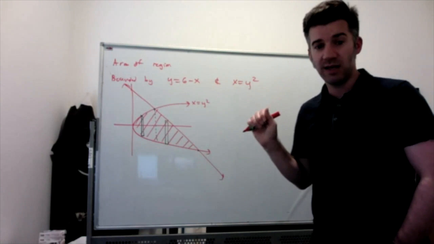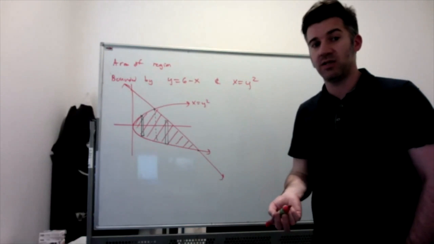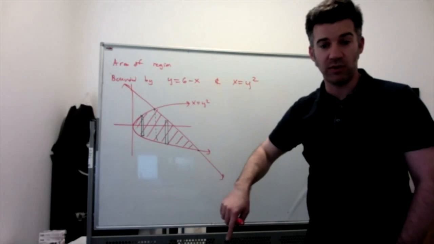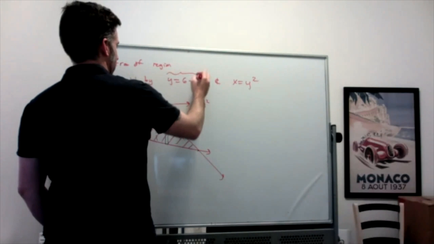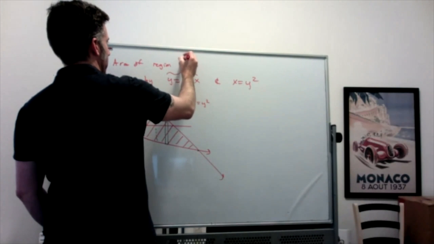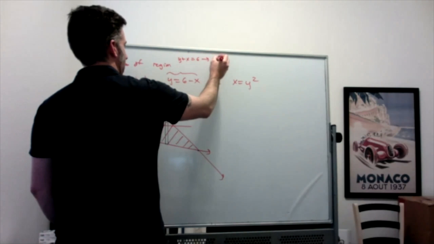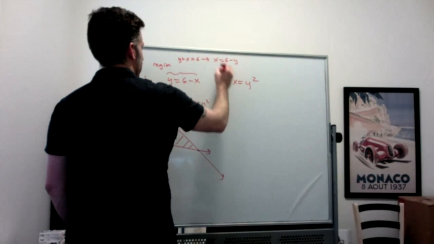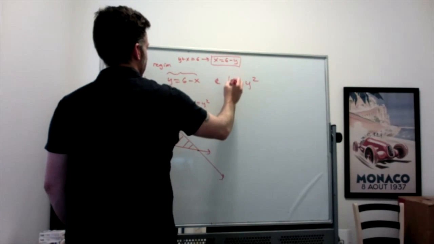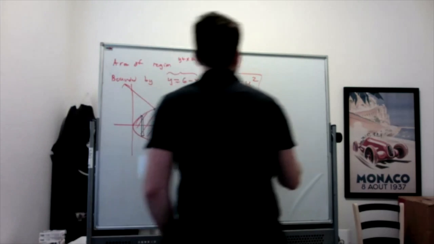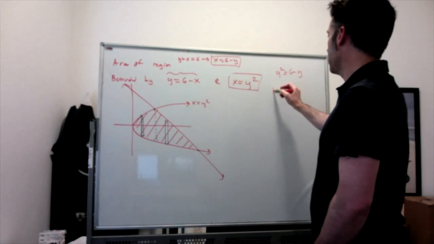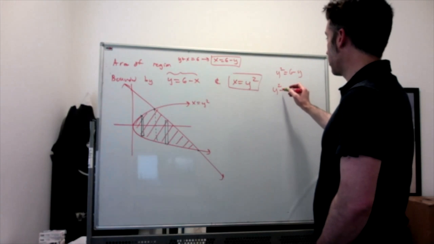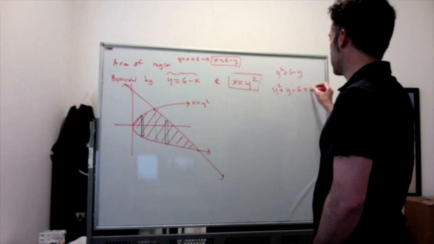And in this case, it's actually easiest to solve it by isolating x in both of them and then setting those equal to each other. So I'm going to write this one as y plus x equals 6, and then x equals 6 minus y. So I'm going to set this and this equal to each other. So y squared equals 6 minus y, so y squared plus y minus 6 equals 0.